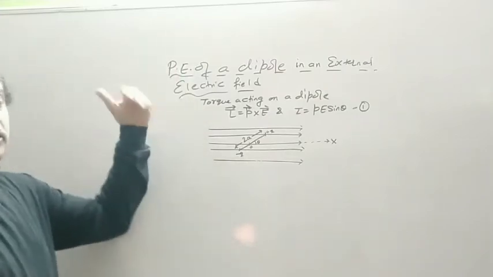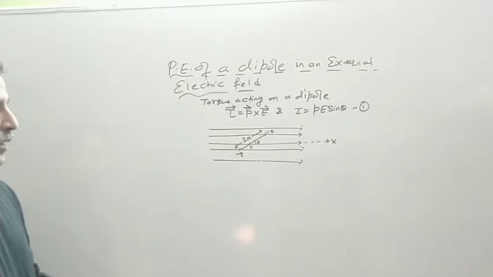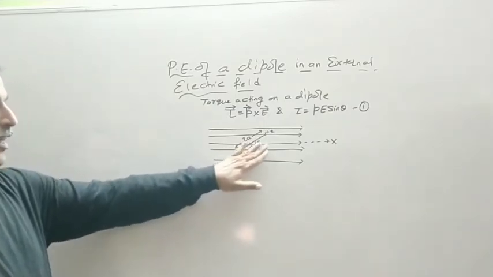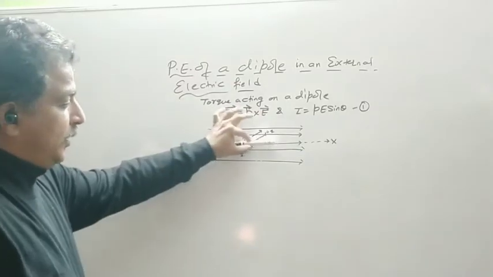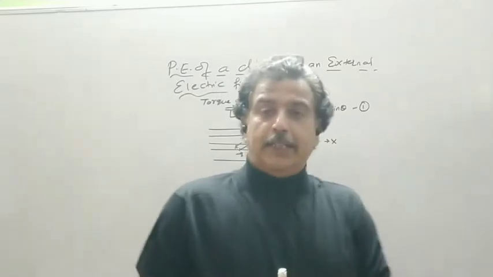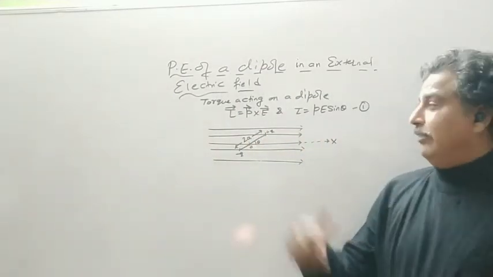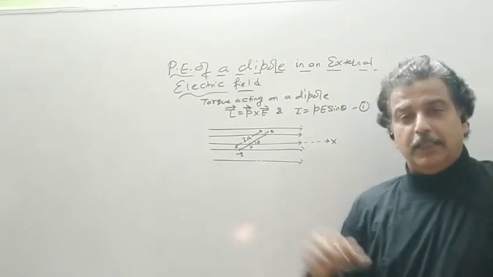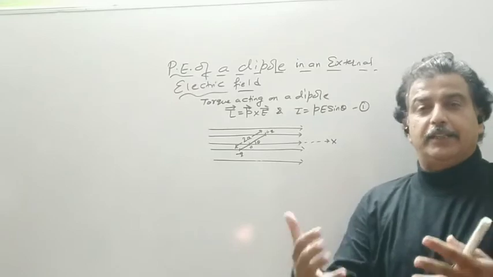Now you have to find out the potential energy. Potential energy of a dipole means, if I release it freely, it will get aligned in the direction of the field, theta will become 0. Now I want to rotate this dipole in an external electric field. If I want to rotate it by say a small angle d theta, then I have to spend energy.